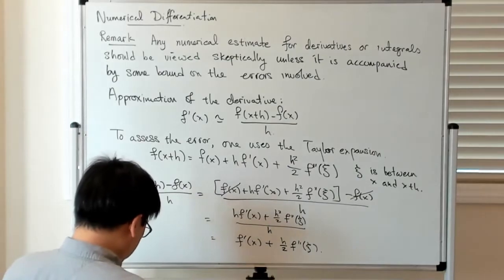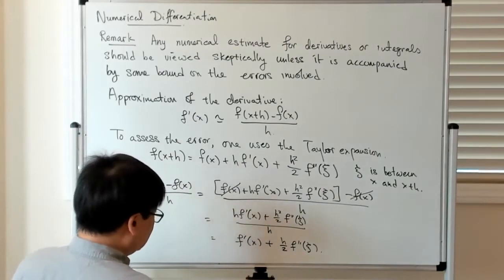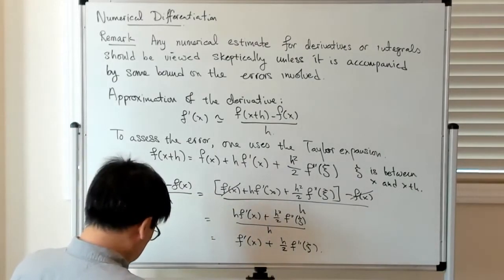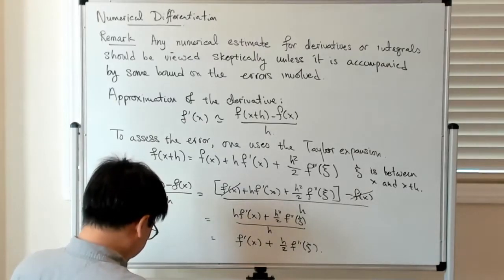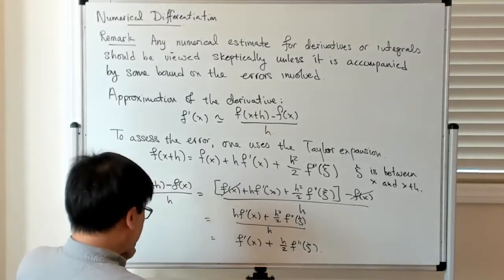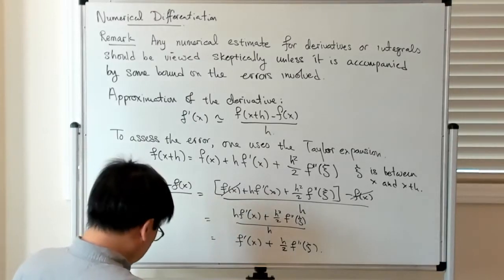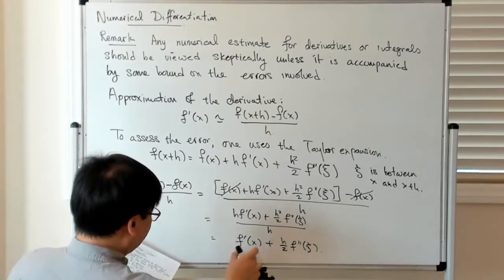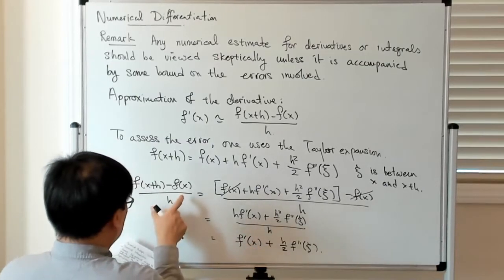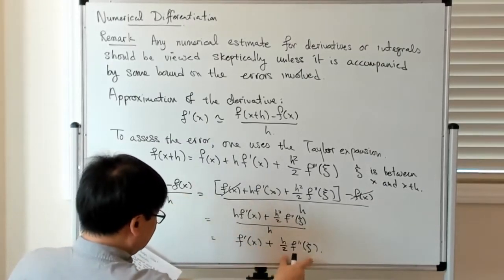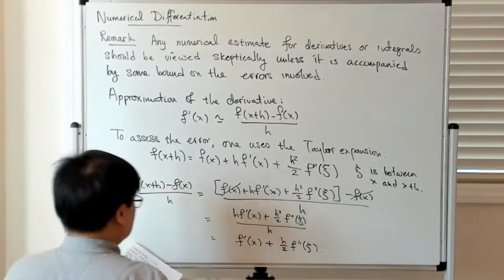So that's telling you the error you're making when you replace f prime with this difference, this term here.